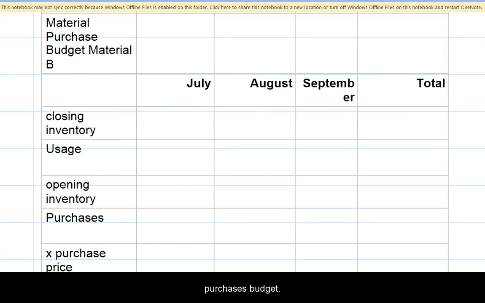purchases budget. So I'm going to put in those usage figures, 37,800, and this is kilos for July.